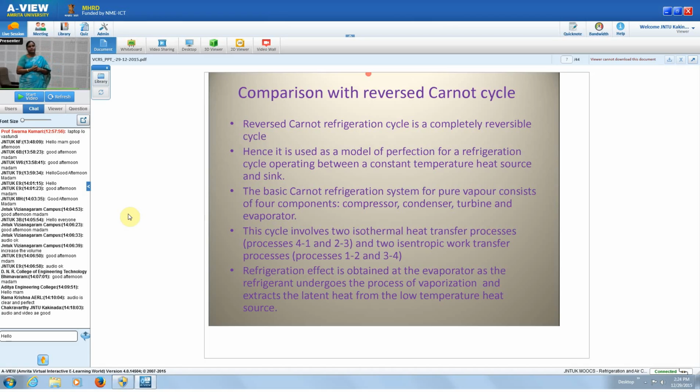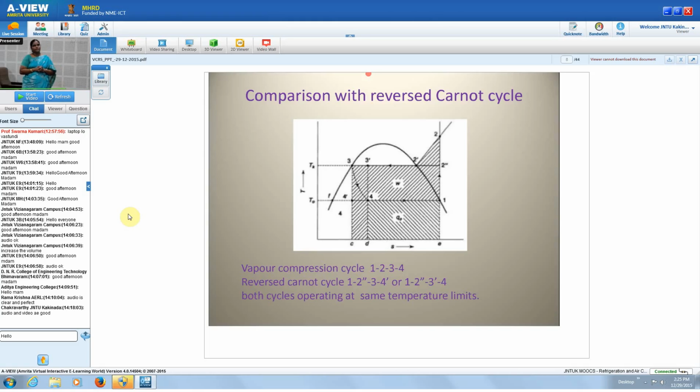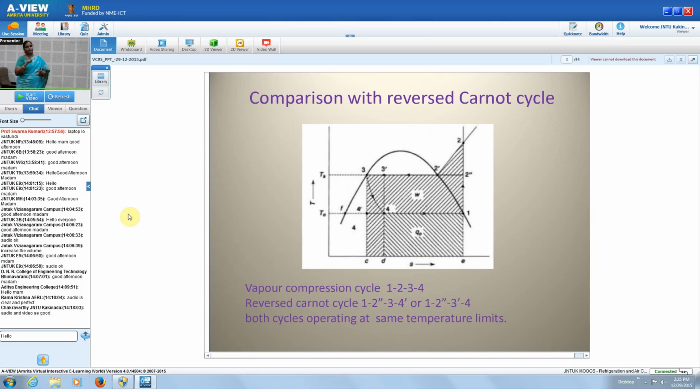The refrigerating effect is obtained at the evaporator as the refrigerant vaporizes and extracts latent heat from the low temperature heat source. You can see the diagram comparing the reversed Carnot cycle with the vapor compression cycle. Here the vapor compression cycle is given by 1, 2, 3, 4, 1, which is the closed cycle.